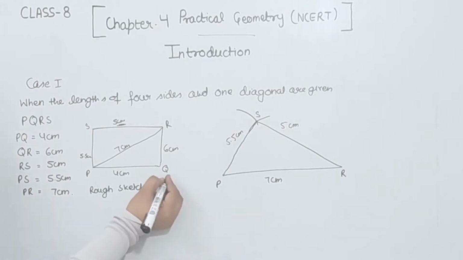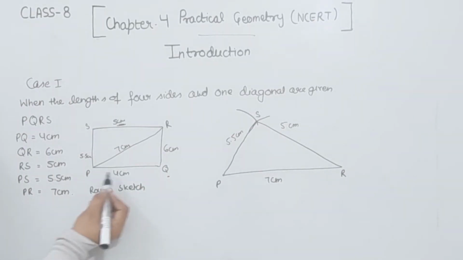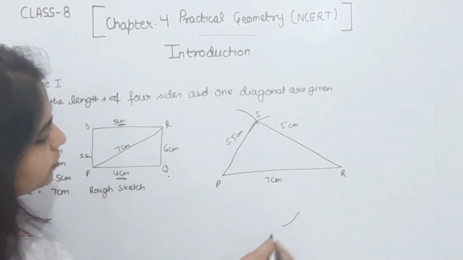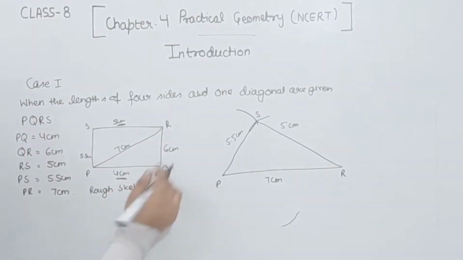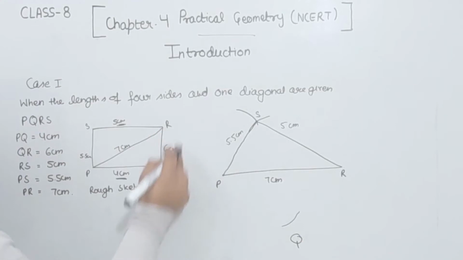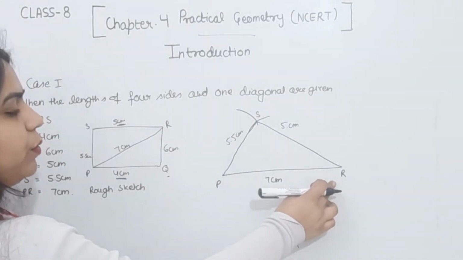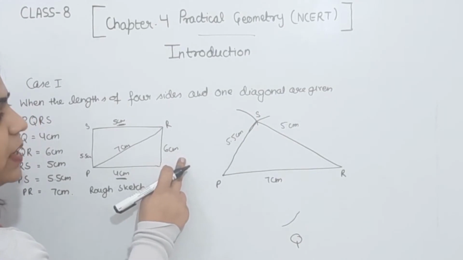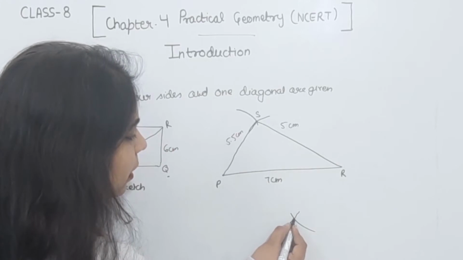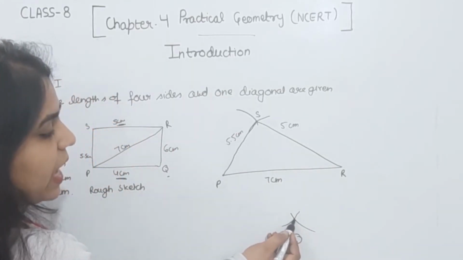Now we have to draw this point Q. For this one we are going to take 4 centimeter on the compass and draw an arc with P as the center. If this is the point Q, then we have to draw QR. This is 6 centimeter. So with R as the center, we are going to take 6 centimeter on the compass and put an arc. So this is the point where both the arcs intersect each other.